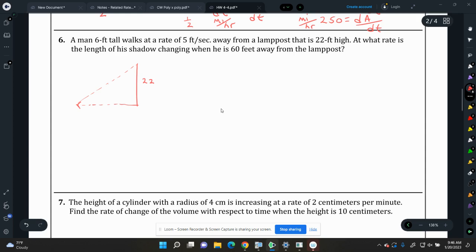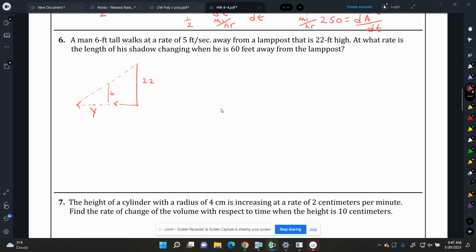Right, so we're going to put the man right here. Here's the man. He's 6 feet tall, right? At what rate is the length of the shadow changing? So we're talking about this length right here, when he is 60 feet away from the lamppost, right?